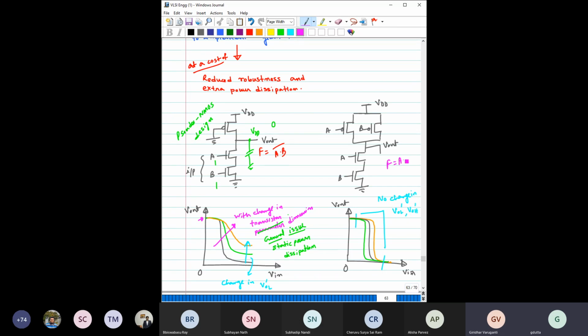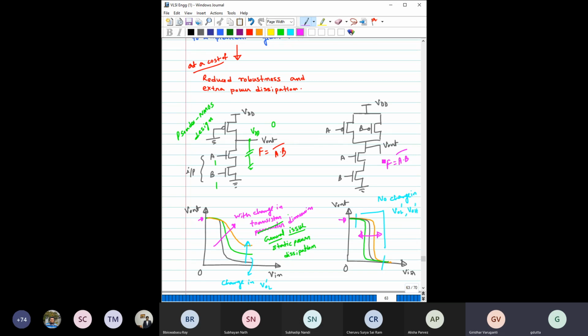Here also F is equal to AB bar, which we have just done. But here if you change the transistor parameters, the VTC will only shift sidewise. There will be no change in these levels, VOL and VOH.